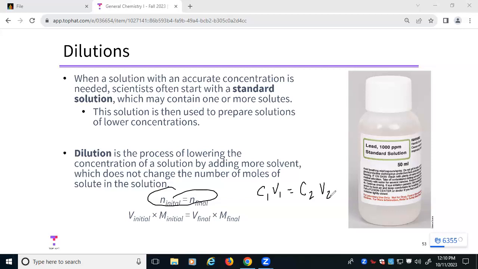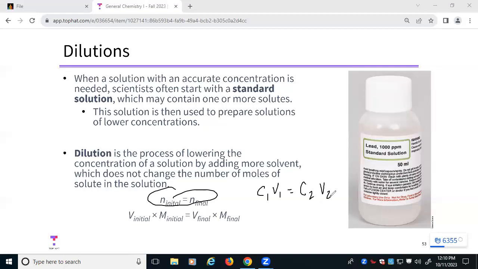What matters is that we keep the concentration unit consistent. So I could have molarity on each side. I could have percent by mass on each side. I could have parts per million on each side. It wouldn't matter. So long as the unit is the same on each side, I'm banking on the concept of the number of moles being equal.